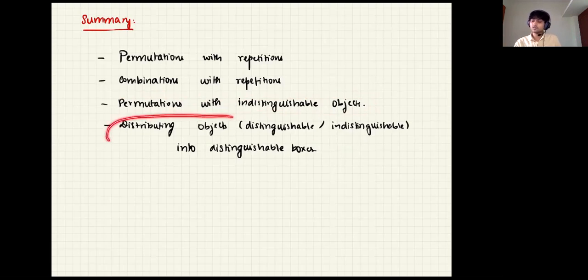And finally, we saw distributing objects to boxes, where boxes are distinguishable. In the first case we got a formula which is the same as this, and in the second case a formula which is the same as this. Go through this once again, try a lot of problems.